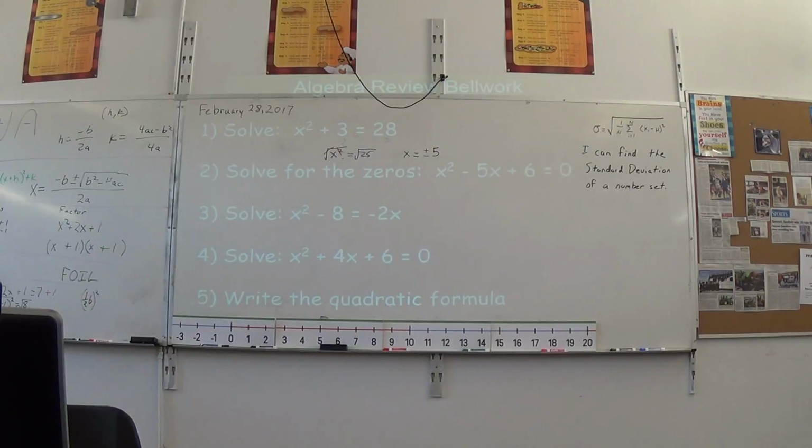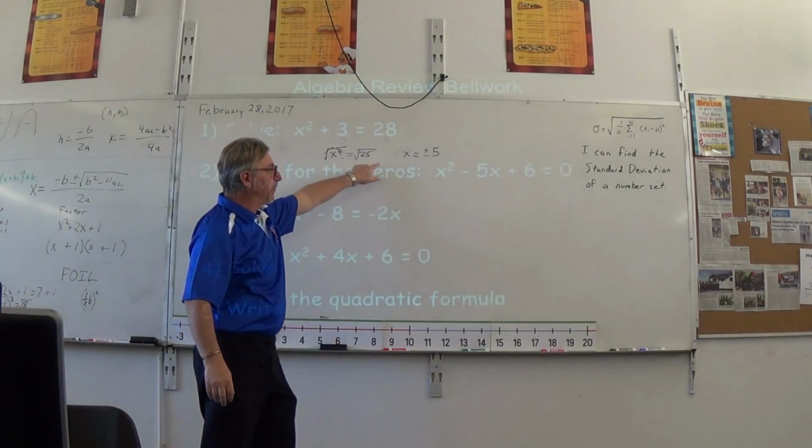It had plus or minus 5 and it had 5. And you guys all went for the 5 and it was plus or minus 5. Remember, whenever you're taking a square root, it can be a positive or a negative.